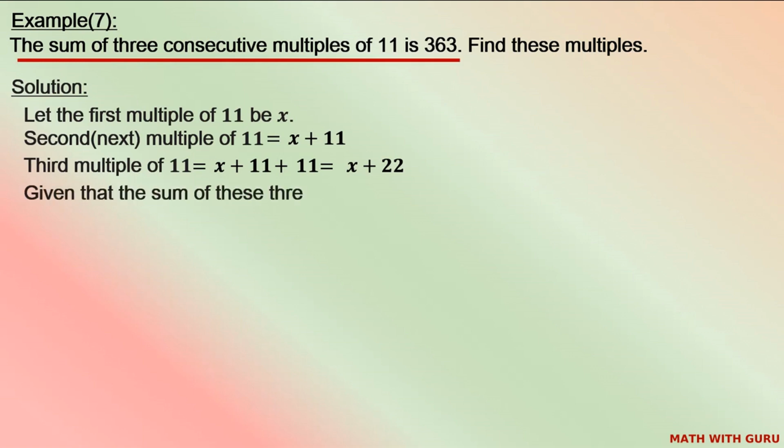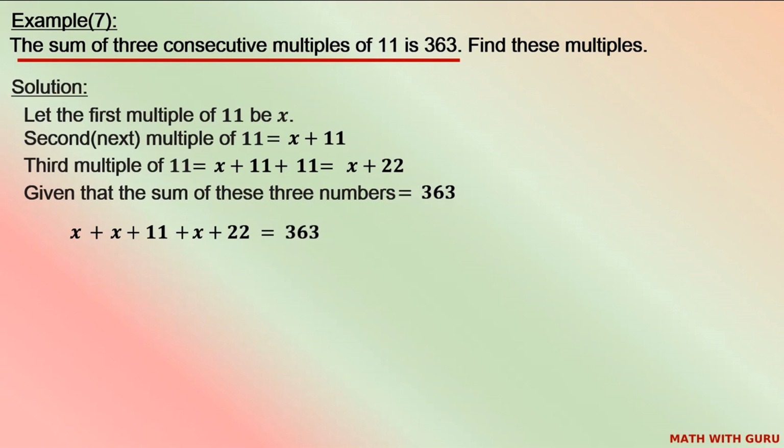the sum of these three numbers equals 363. How do we frame the equation? As in the previous example, x, first integer, plus x plus 11, second integer, plus x plus 22, third integer, equals 363.